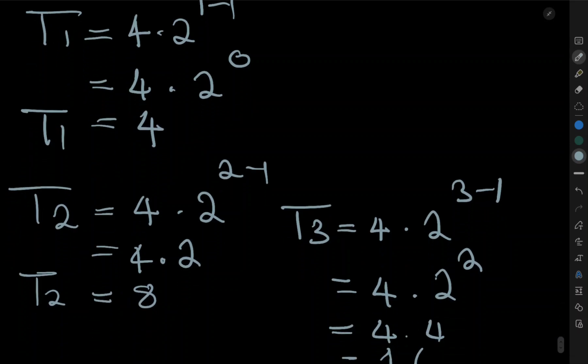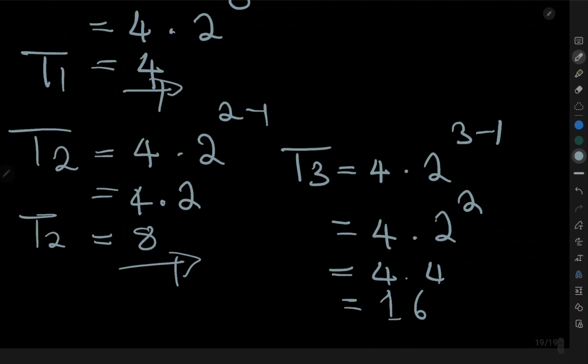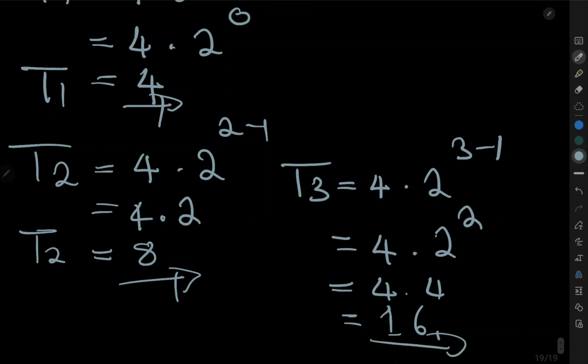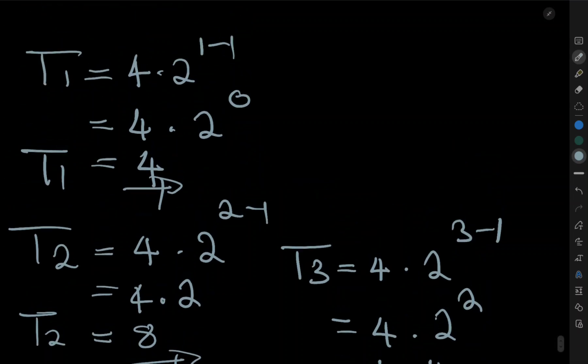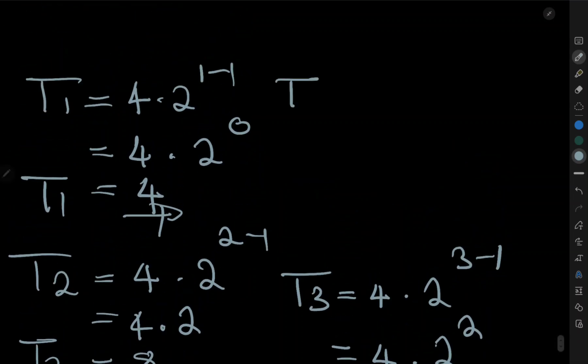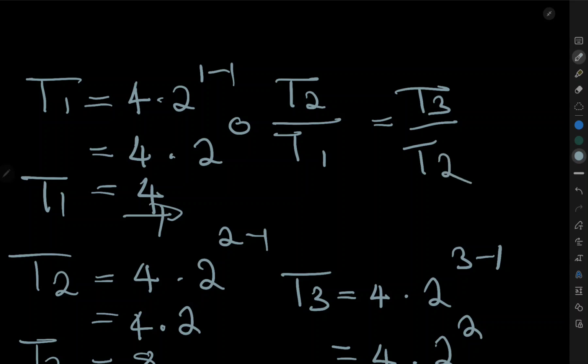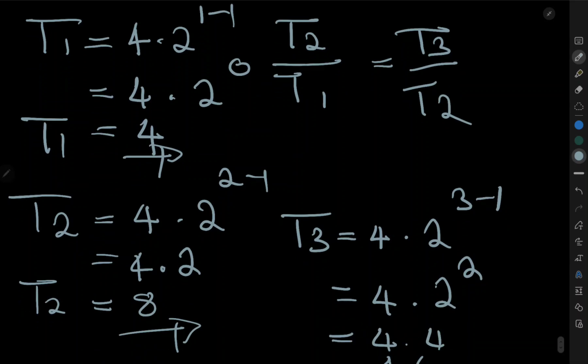And then from that we calculated T1, which gave us 4, T2, which was 8, and T3, which was 16. Another way you can confirm if your answer is correct is to ask, is the ratio correct? You calculate if the ratio is correct, and if it is, then your answer is highly likely to be correct. So that is it for this video.